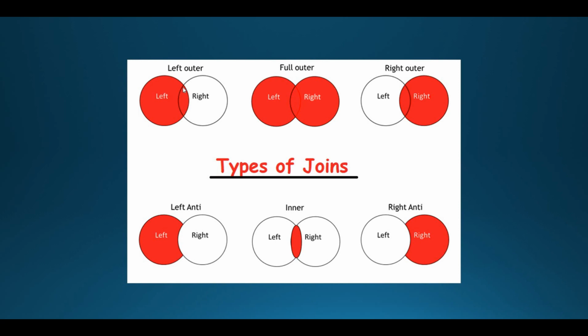So wherever we are referring to a left table, we are getting all the records from the entire left table. In the case of full outer join, let me come to that later.